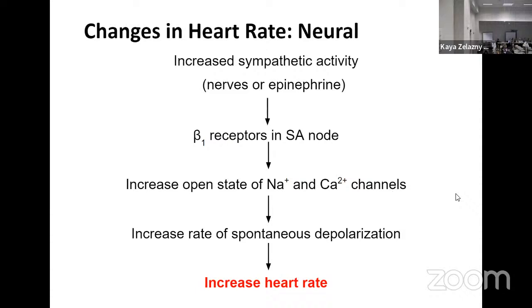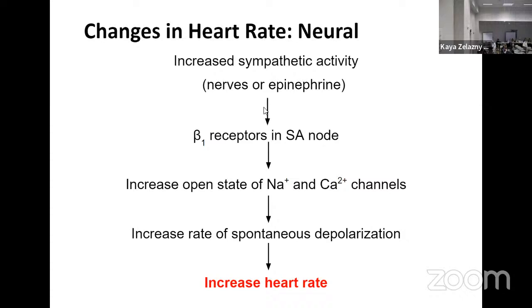Now, the way that this works does have to do with our receptors, okay? So remember, we have sympathetic nerves that release norepinephrine, and epinephrine coming from the adrenal medulla, linked up with that sympathetic activity, a hormone that often acts the same.